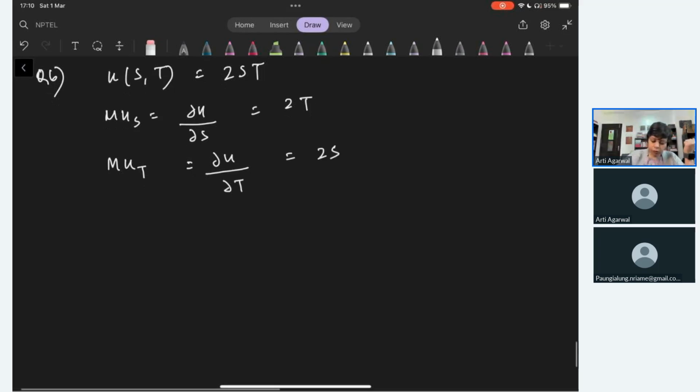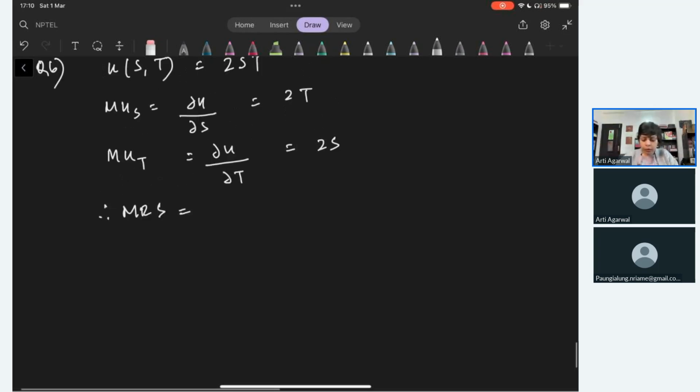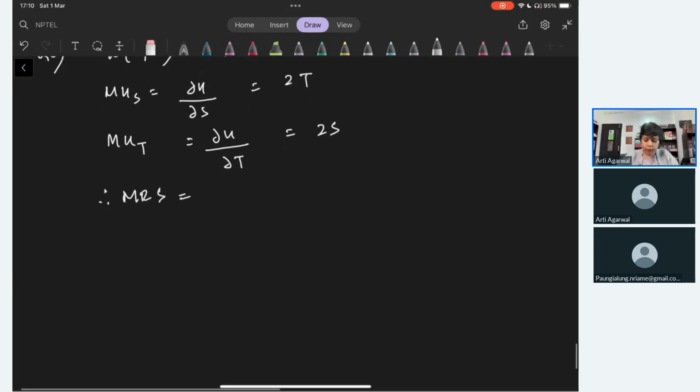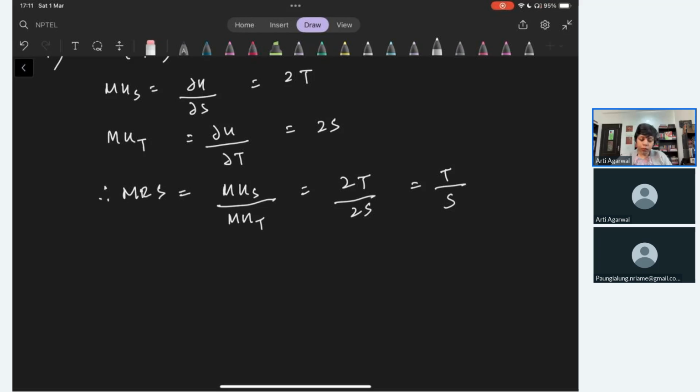Therefore, MRS, again I'm removing the minus sign because that is not really significant in these calculations, is marginal utility with respect to S over marginal utility with respect to T. It's 2T by 2S, therefore it is T by S. So option 1 is the answer.